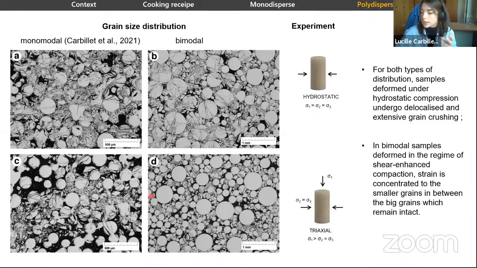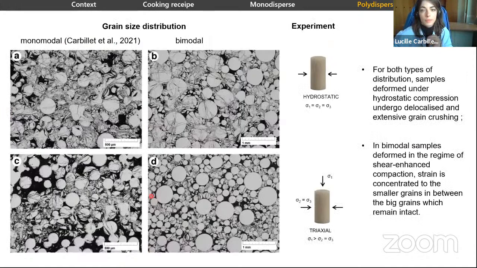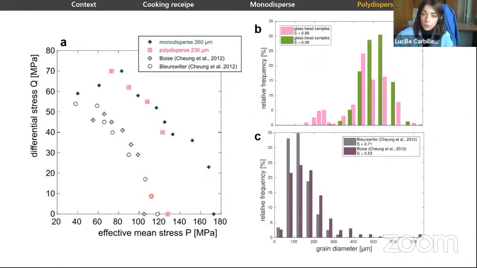So it's really complicated in the previous data to know whether it's a difference in the mean diameter that renders the samples weaker, or if it's due to the type of distribution, the fact that they're bimodal. So we wanted to work with monomodal samples, but a little more pore dispersed. And so we prepared more pore dispersed monomodal distributions.